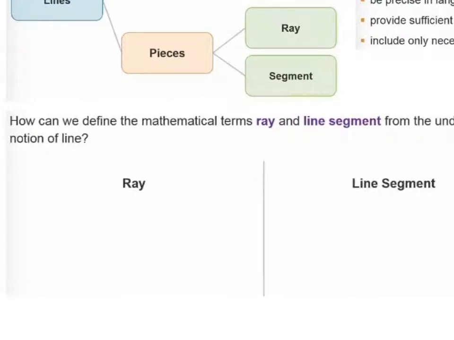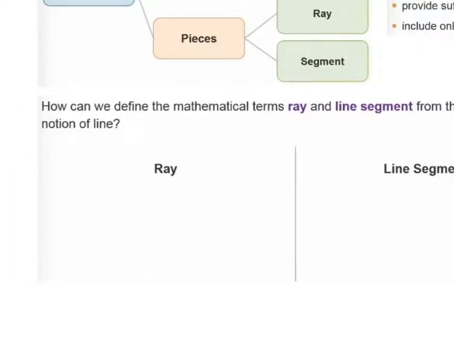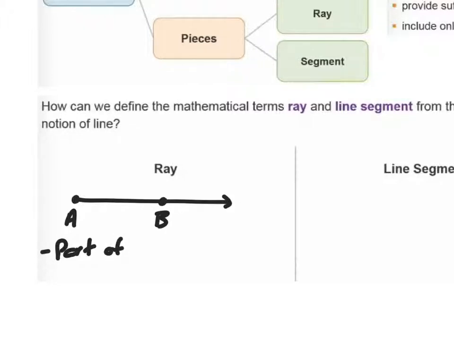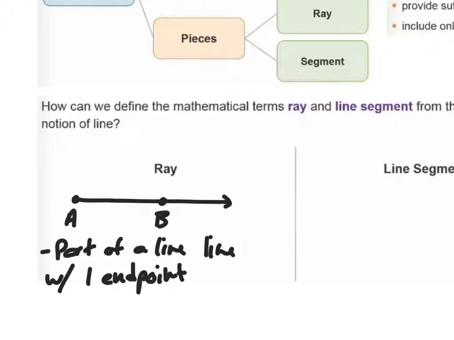A ray. The first thing I'm going to do is draw a picture. I have a point A and a point B. I would say that this is part of a line with one endpoint that goes through another point.